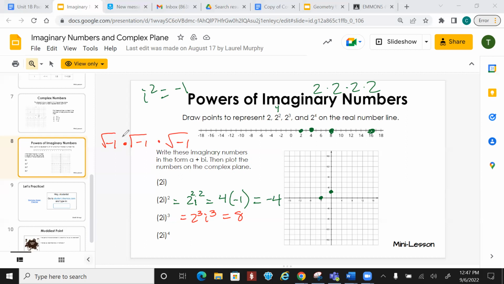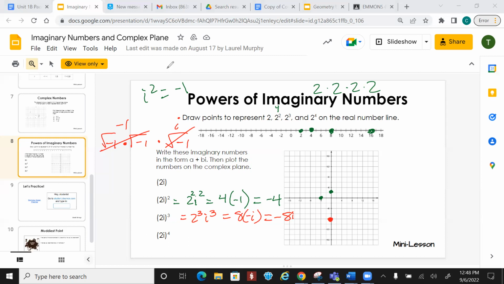Well, if we multiply these two together, that's going to cancel and give us -1. So what's -1 times the square root of -1? Well, this represents i, right? So what's -1 times i? -1i. So this could be simplified to negative 8i, which will be down here.